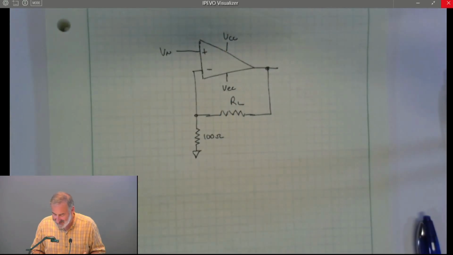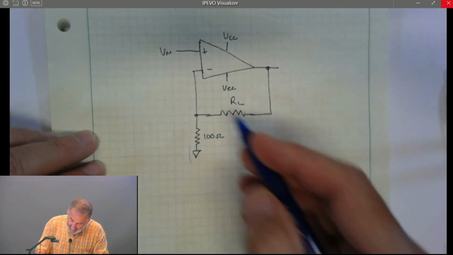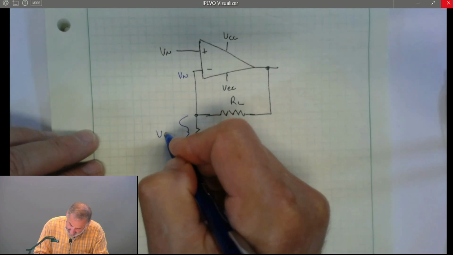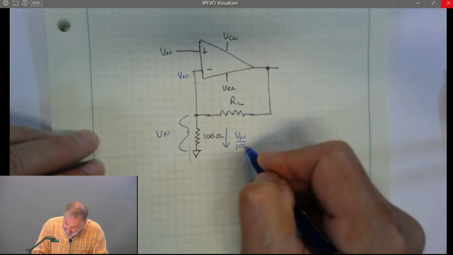Well, this circuit looks suspiciously like our non-inverting amplifier with gain, and it is. And what's different is how we think about it. Since there is negative feedback, this point is at Vn. That means that this resistor has Vin over it. It means that the current that flows through here is Vn over 100.